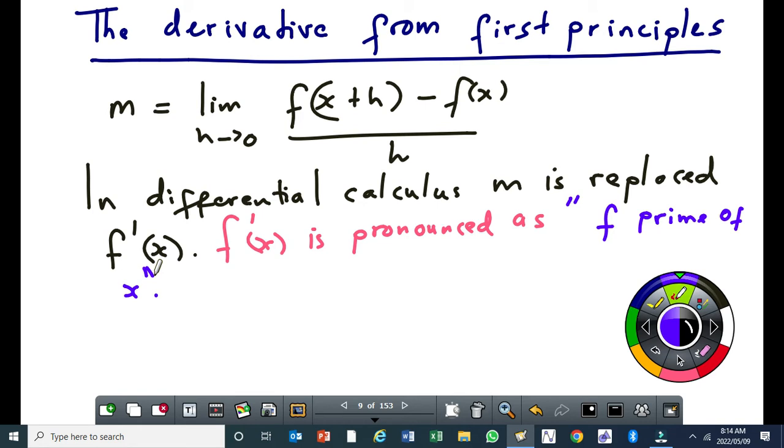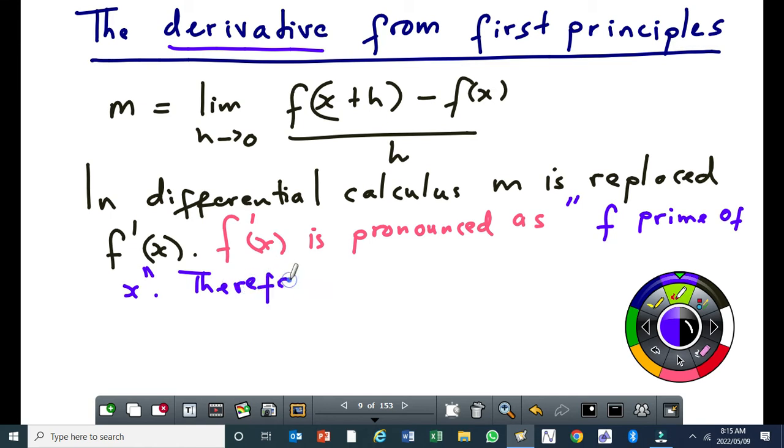F prime of x. Please, this is not a 1. It's not a 1. F prime of x. So when you say it, you say f prime of x, or you can say the first derivative. I'm going to define what a derivative is. Okay, so m is replaced by f prime of x.